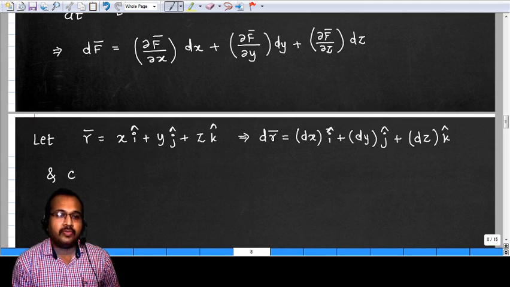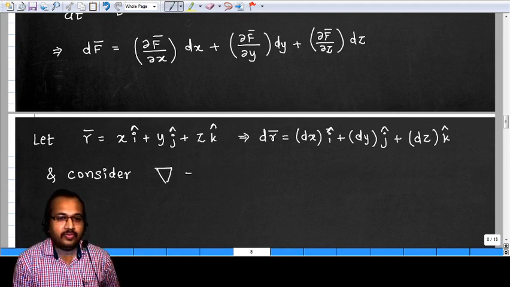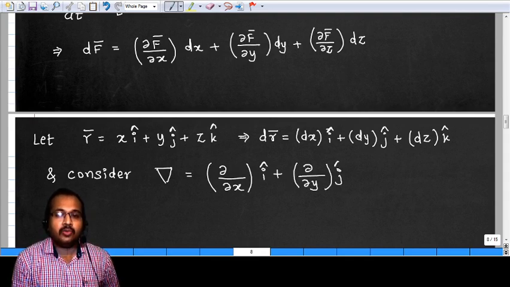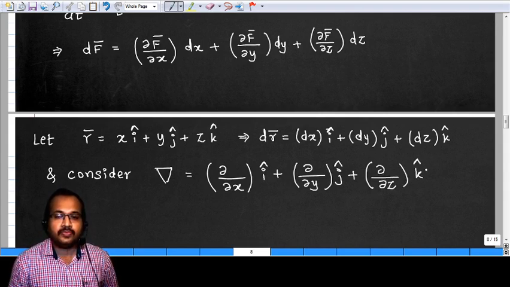And we consider an operator del, which is defined such that it will take partial derivative with respect to x along the x-axis, partial derivative with respect to y along the y-axis, partial derivative with respect to z along the z-axis.